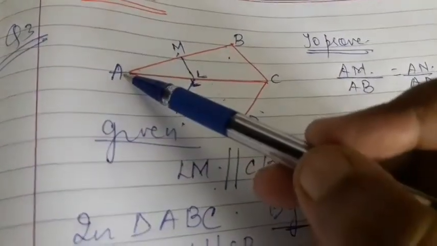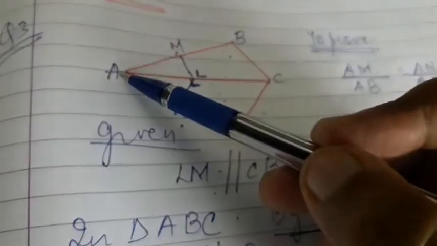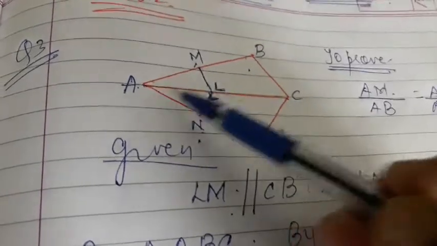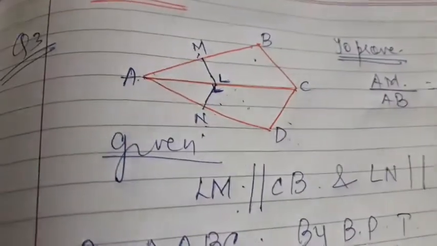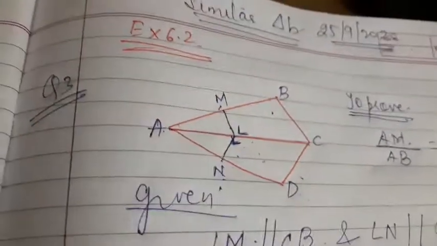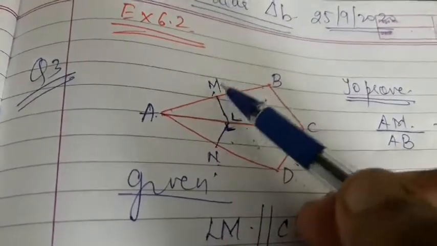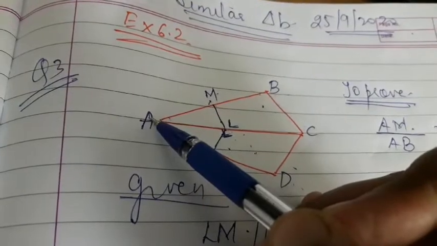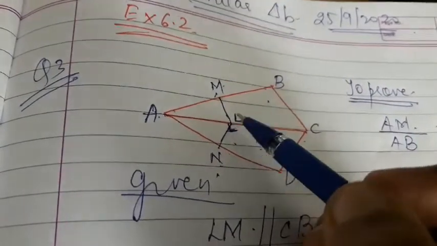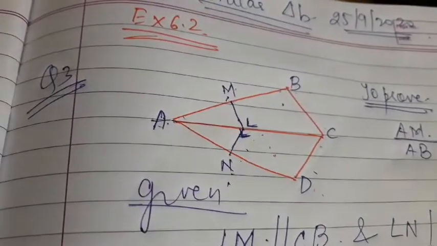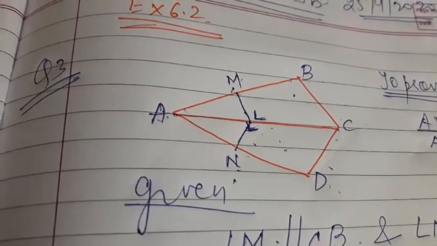So therefore we can write AM upon MB is equal to AL upon LC. We can also write BM upon MA is equal to CL upon LA. Both ways we can take and try this proof.